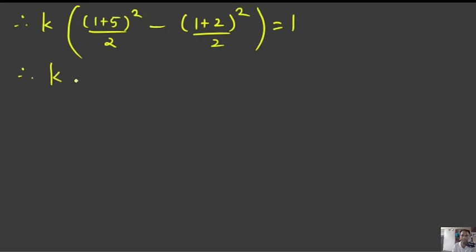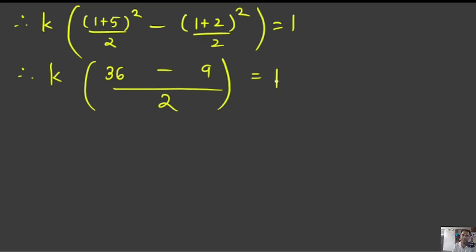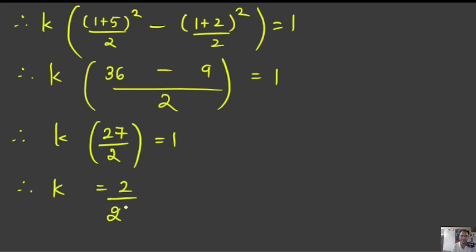So here you get k times 36 minus 9, with 2 as a common denominator, equals 1. On solving this you will get k times 27 by 2 equals 1, and then the value of k is 2 over 27. That is what you get.